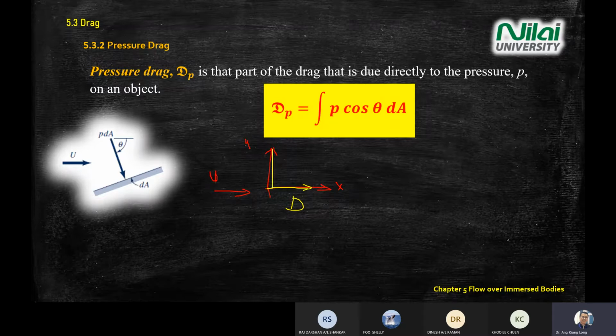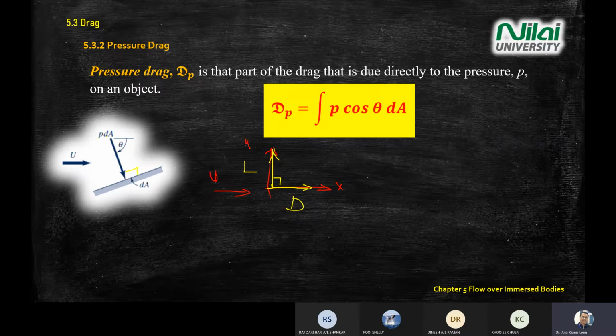If the force is perpendicular to the velocity, it becomes lift. So in this case, you are given a diagram for derivation. You can see that you have an area, and pressure is always 90° to the area, right? Pressure always acts on the area. So we always convert pressure into forces. So how do you convert into forces?